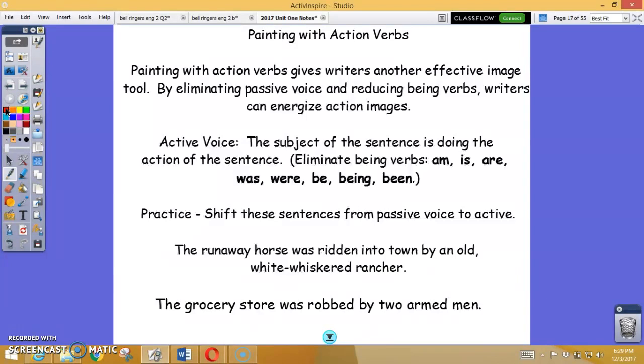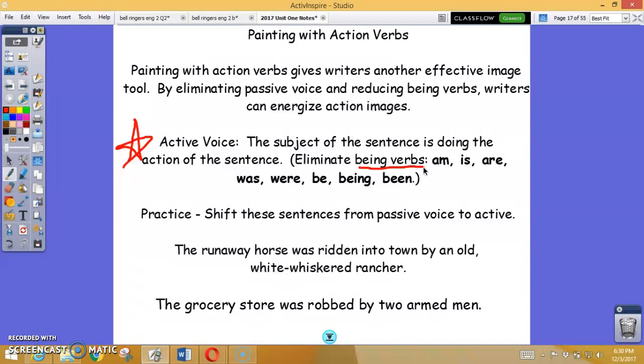Let me start by pointing out one of the big things you need to note: paying attention to your use of being verbs. Now, when I say eliminate being verbs, what I mean is try to eliminate them when you can. There are only so many ways I could say, for instance, my name is Mr. Hall.